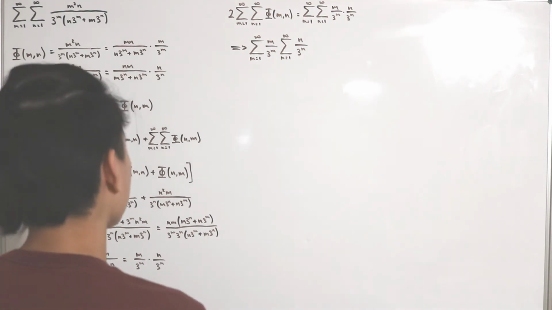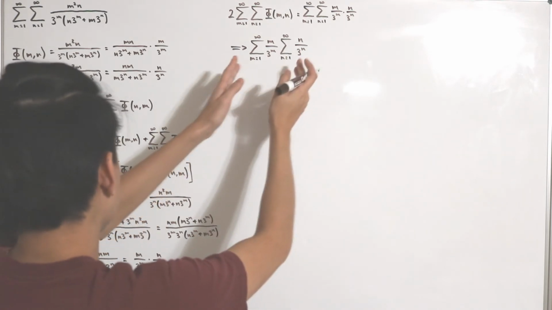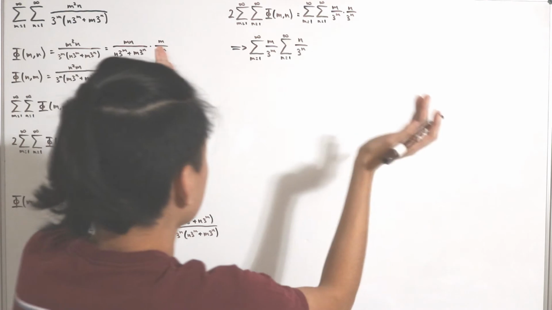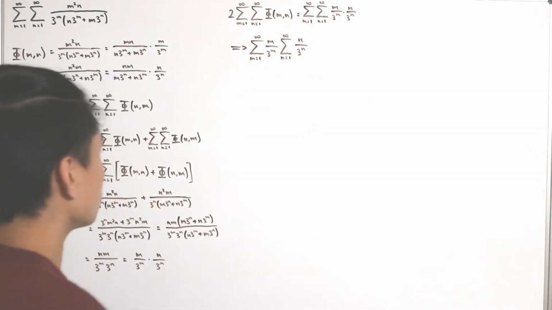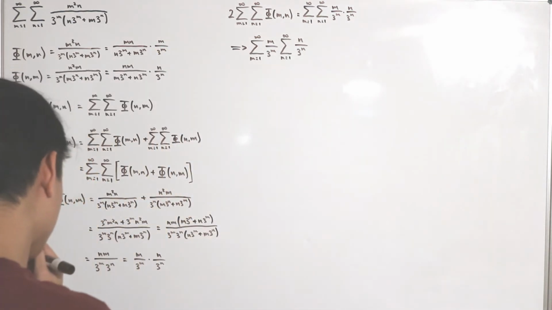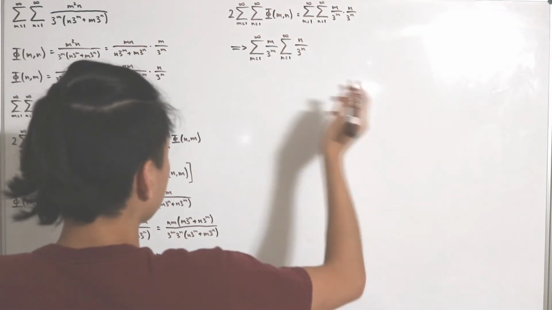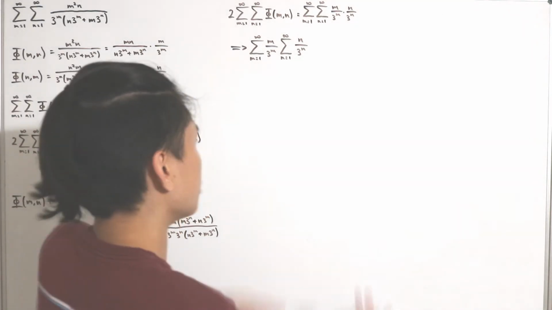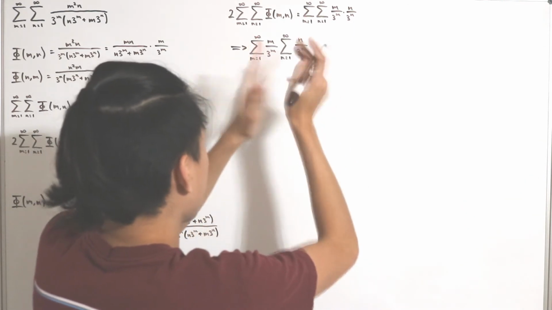Now, because we said that these two functions are equal to each other, that means even with the indexes, they're going to equal each other. So to make things easier, how about we define a variable such that that variable is equal to both m and n.